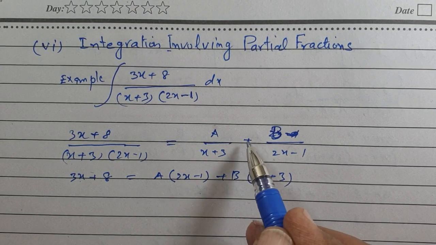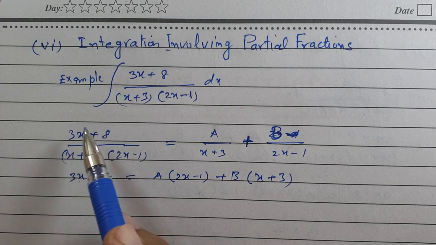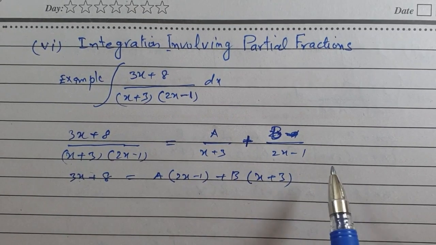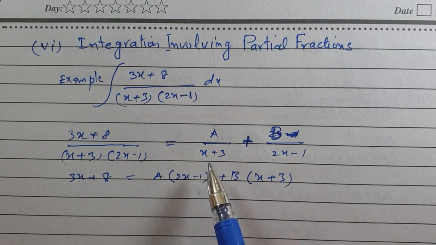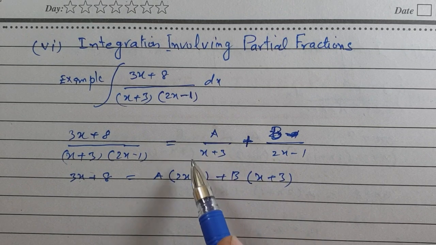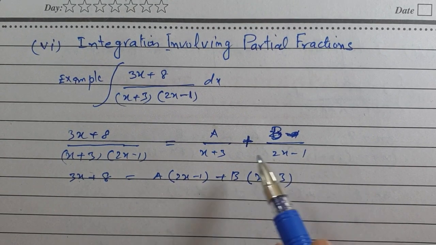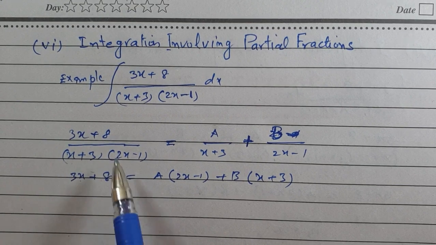Why do we make these partial fractions? Partial fractions are made to change this big function into some portions in sums. That is why we make partial fractions, because integration is easy for these portions. Integration is not easy, not possible at this stage.